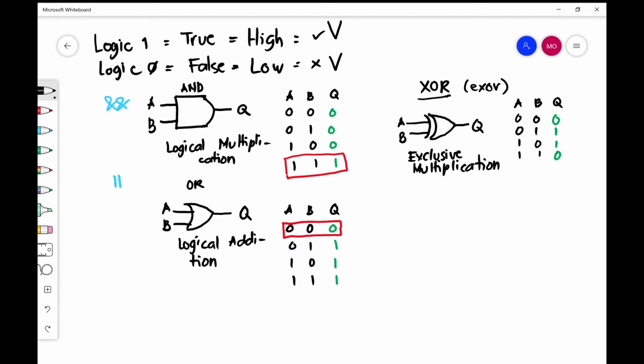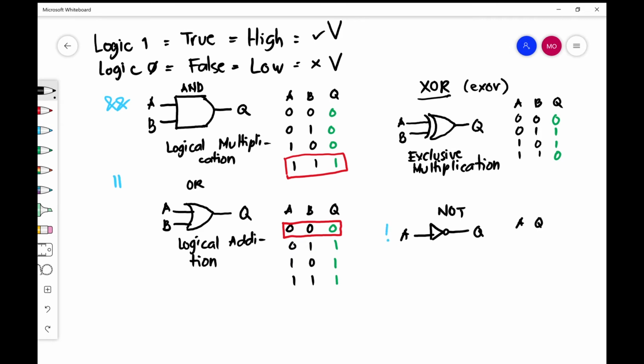So having this, we go now to the last basic gate, which is called the NOT gate, with the following symbol. Take note that it has only one input and an output. Therefore, the truth table should look like this. And for the NOT gate, if you can recall your Java, this is actually your NOT symbol.